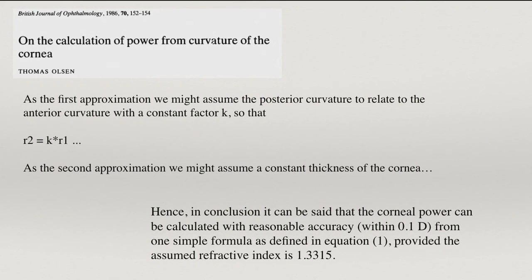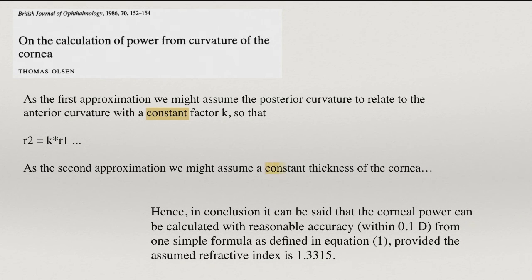To calculate this ratio and this influence in refractive indexes, we had to make some assumptions. The first is that there is a constant factor between the anterior surface and the posterior surface of the cornea in every patient, in every kind of eye.